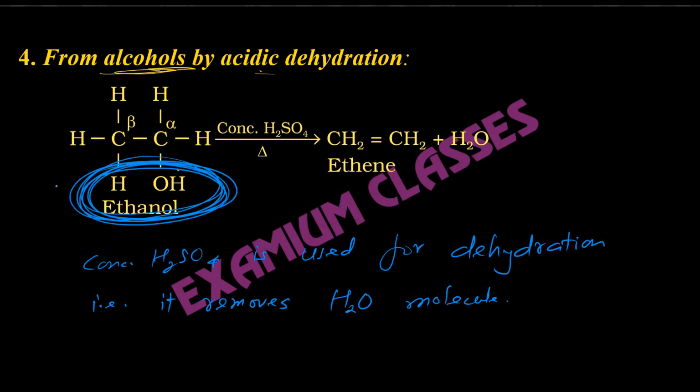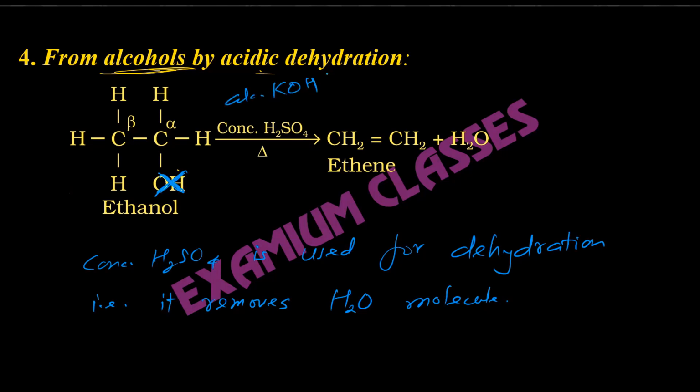So it is a very similar reaction to what we talked about, dehydrohalogenation. In that case, if you remember, here it was X, chlorine, bromine, or iodine, and we used alcoholic KOH. Alcoholic KOH removed hydrogen and halogen. Concentrated H2SO4 will remove hydrogen and hydroxyl group, H and OH. That is the water molecule. Otherwise, it is very similar.